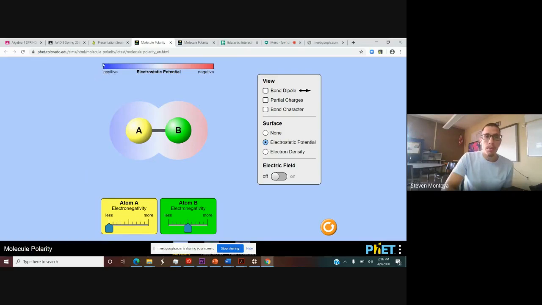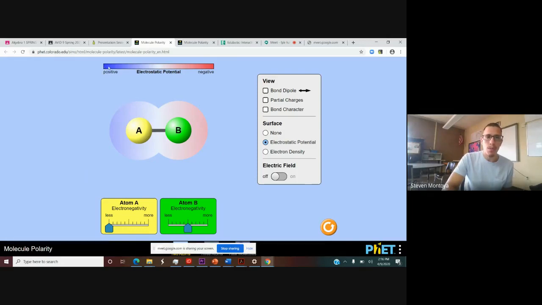The darker the blue, the stronger the positive charge. So the furthest to the left has the darkest blue. So this is the strongest point in the bar, okay, that has the strongest positive charge.